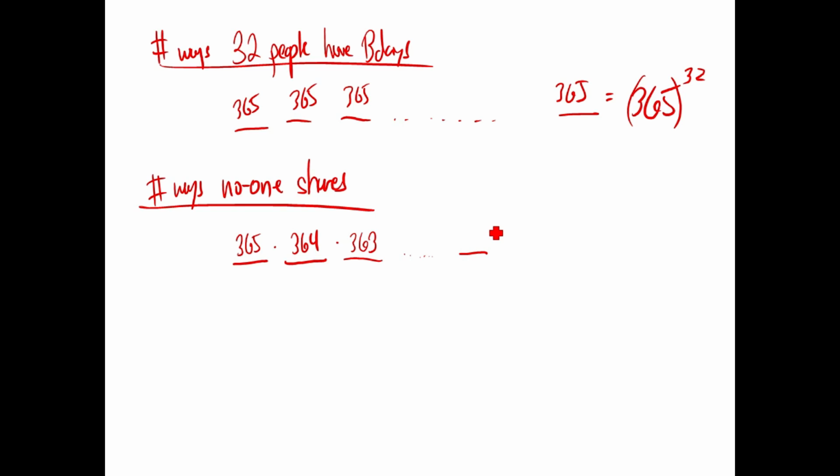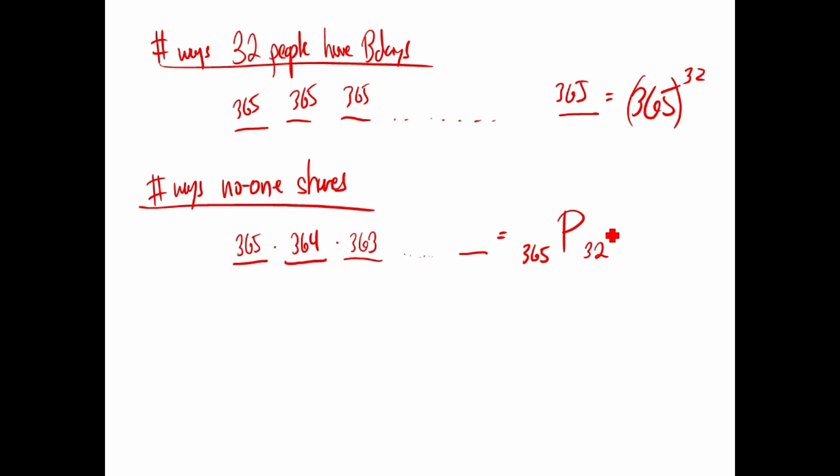In fact, what we're really doing here is a permutation, right? We're saying how many ways can you pick 32 unique days out of a 365-day year and rearrange them. So this number is going to be 365 permute 32. Because if we're forcing people to not share birthdays, then we can't pick with replacement.